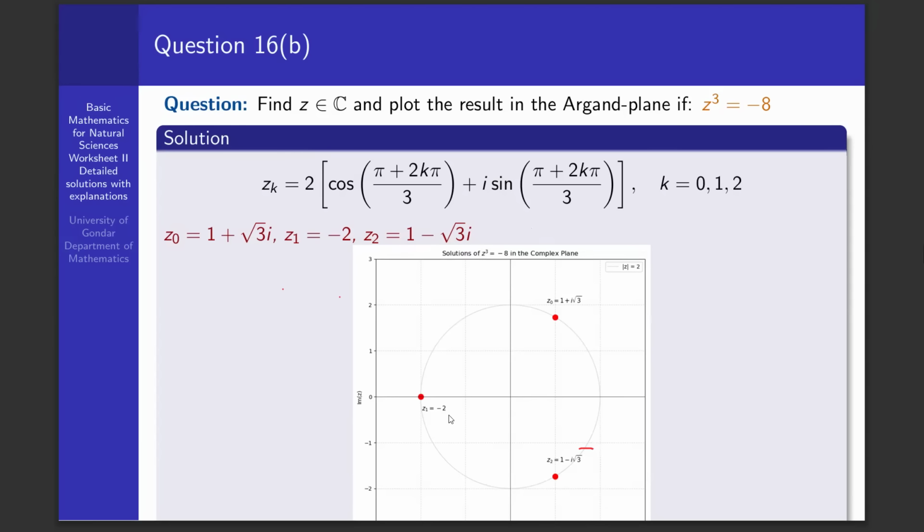These roots on the plot or simply in the complex or Argand plane could be z0 is around here, 1 plus radical 3 i, and z1 is on the negative real axis, that is -2, and on the fourth quadrant, that is simply z2 is 1 minus radical 3 i, so that this is the root of z cubed is equal to -8.